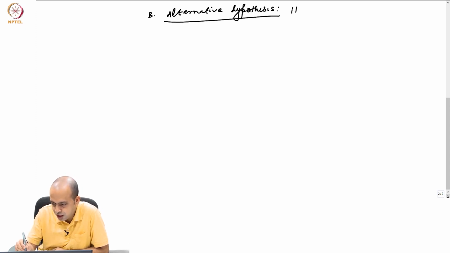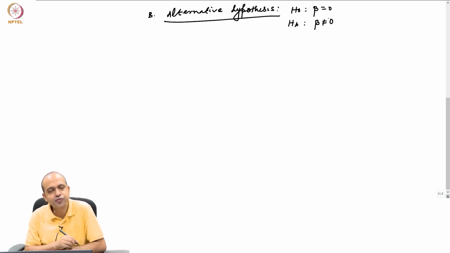So, when your null is beta equals 0, the alternative is denoted as HA, which says beta not equals 0.